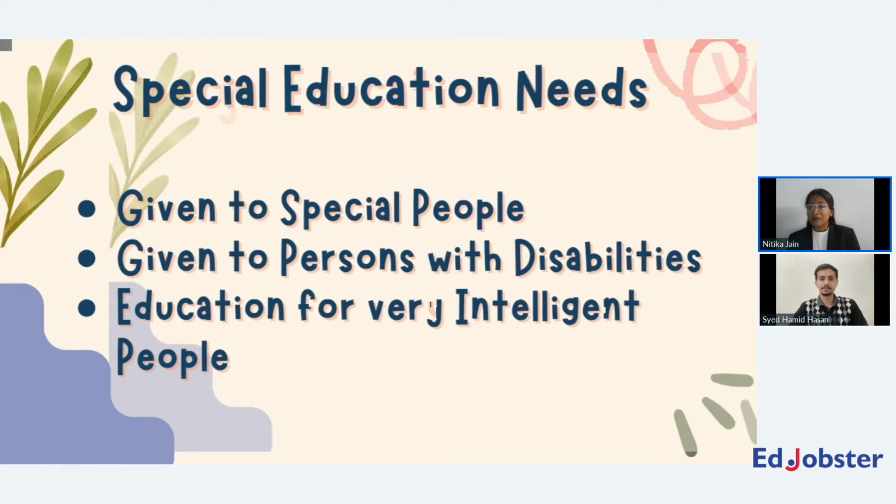When we say special education needs, it is simply all about catering to the needs of children who are not like us, in a way, who don't fit the normal scale.